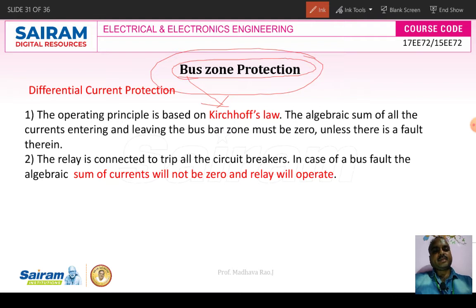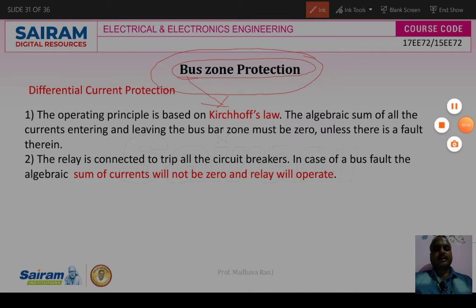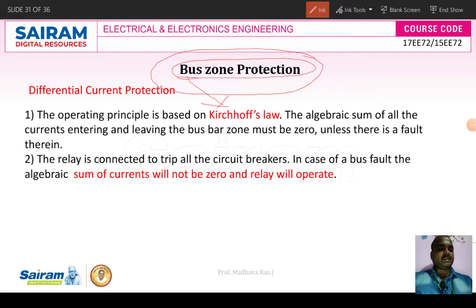These currents must be equal to 0. In a similar fashion here, the algebraic sum of all the currents entering and leaving the bus zone must be equal to 0. So if the difference is 0, then there is no fault.